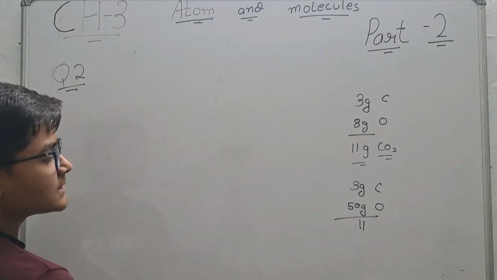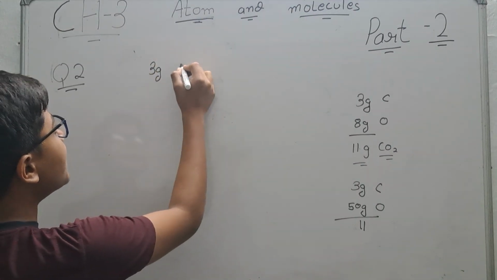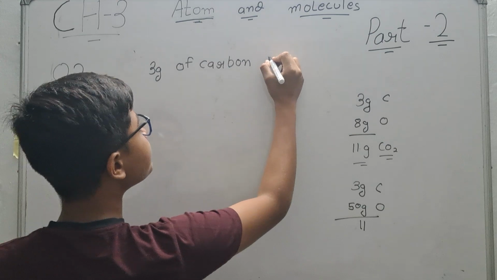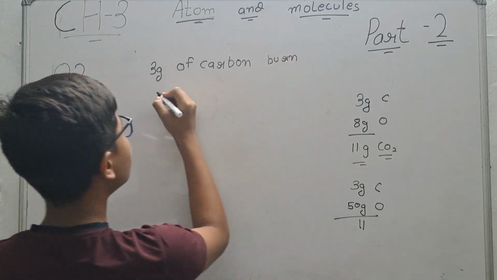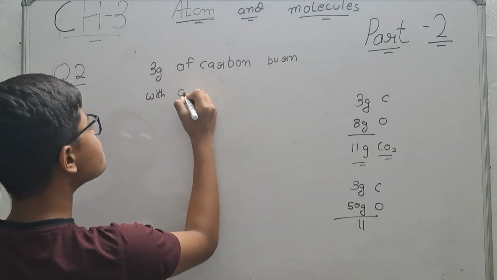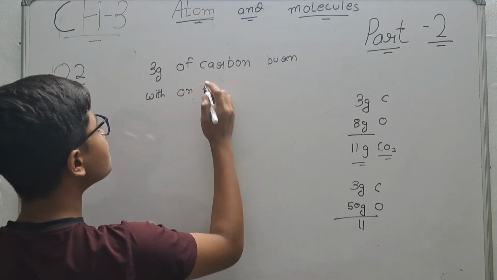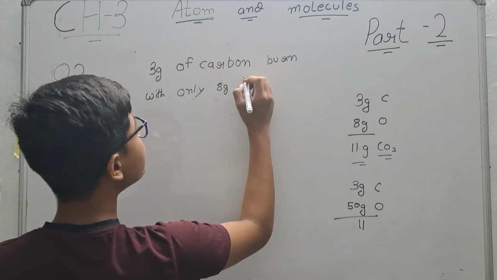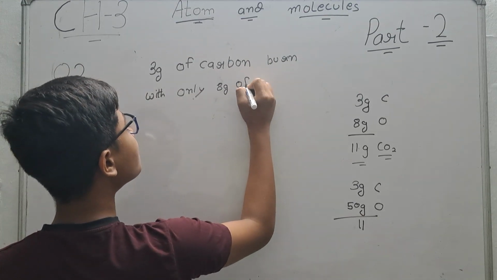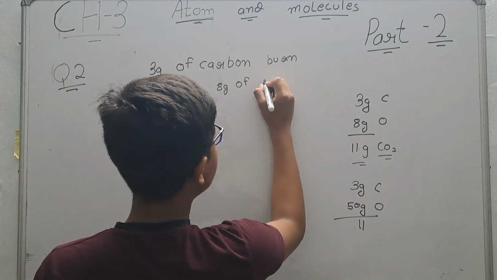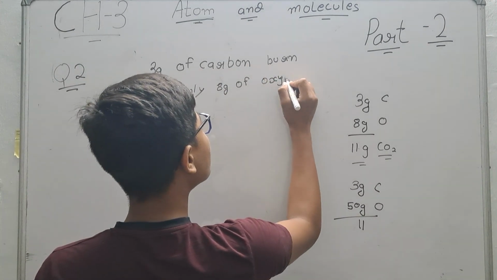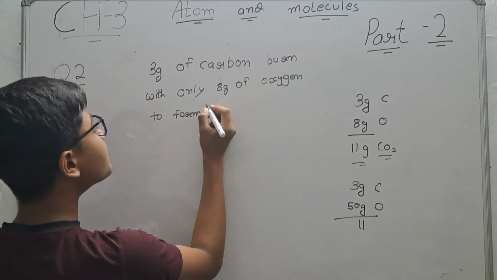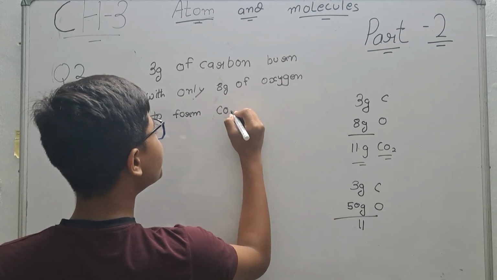So that means 3 gram of carbon burns with only 8 gram of oxygen to form CO2.